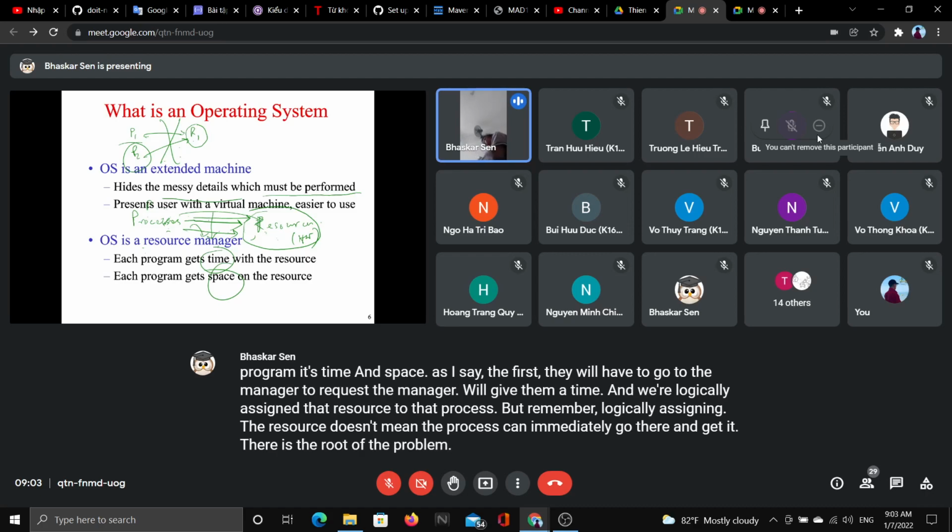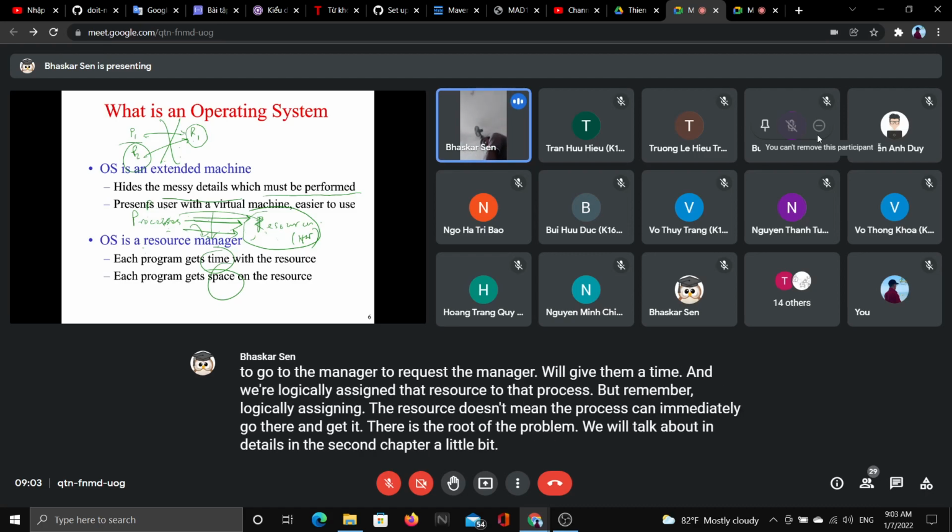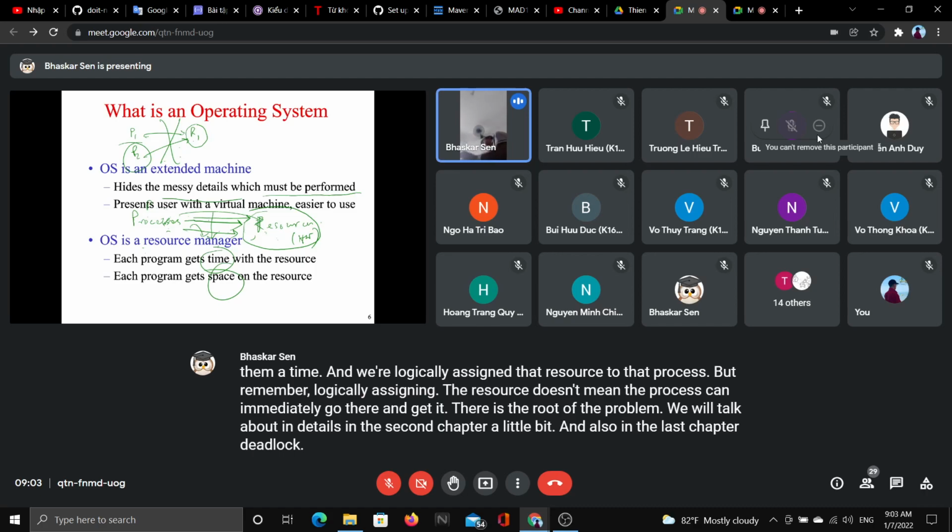We will talk about it in detail in the second chapter a little bit, and also in the last chapter, deadlock. It's very, very interesting if you really enjoy the operating system.